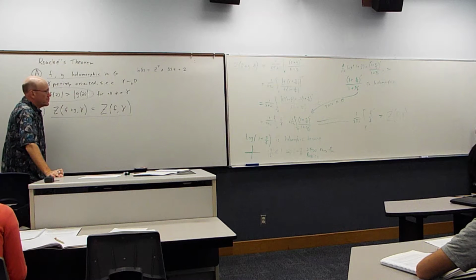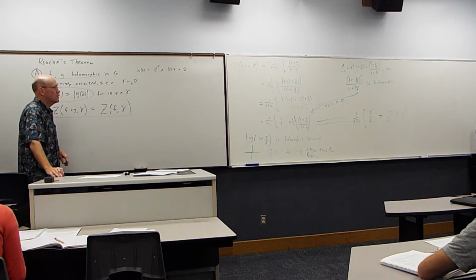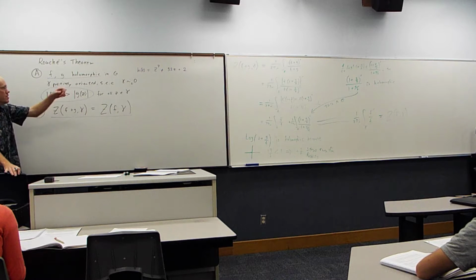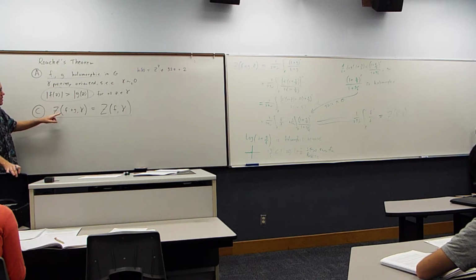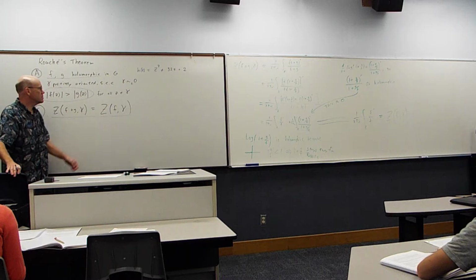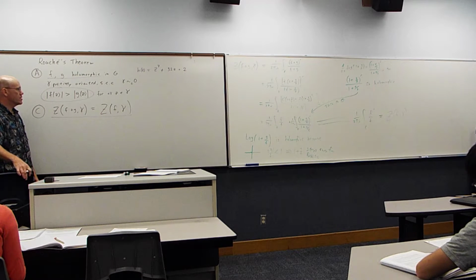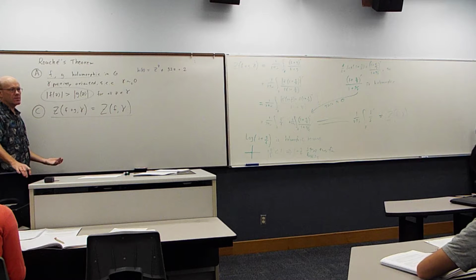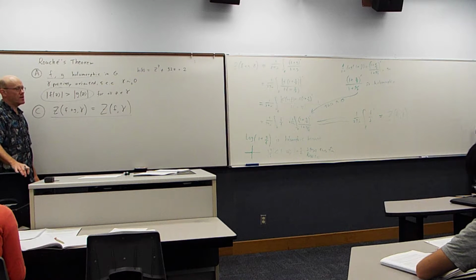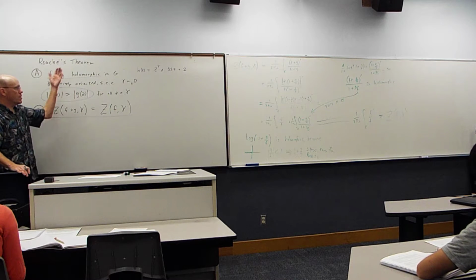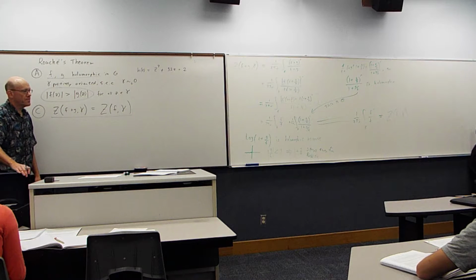So the idea is that you want to break that function up into an f and a g. And the f part, you want to be able to know how many zeros it has, and then the g part would be the rest of the function. Okay?